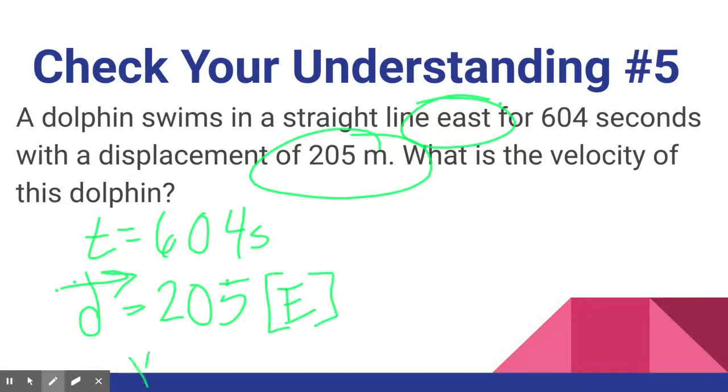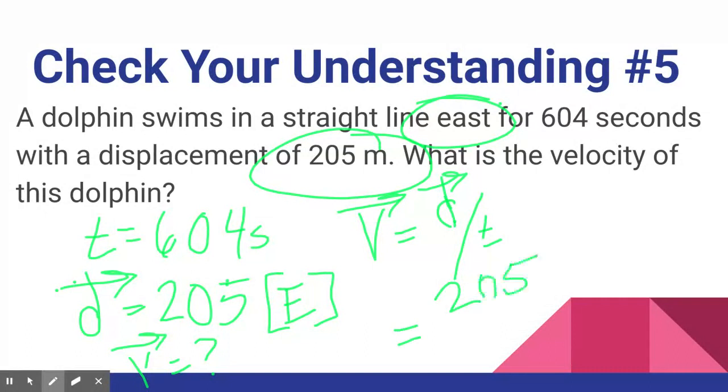We're looking for velocity. So this one is simply V is equal to D over T, which is going to be 205 over 604.